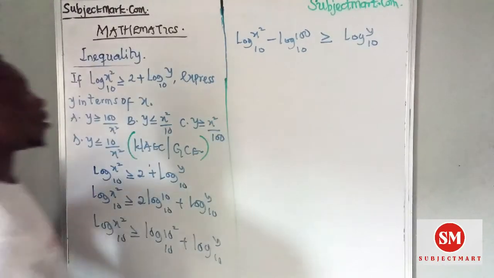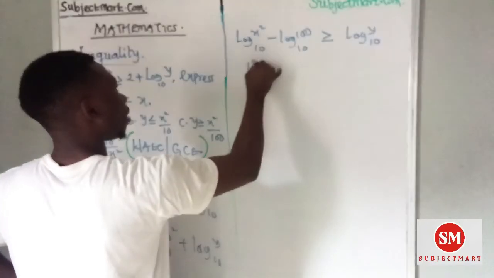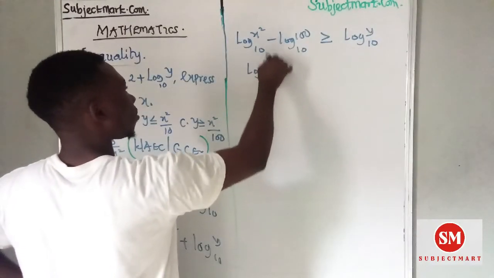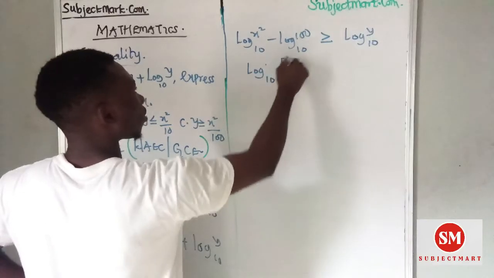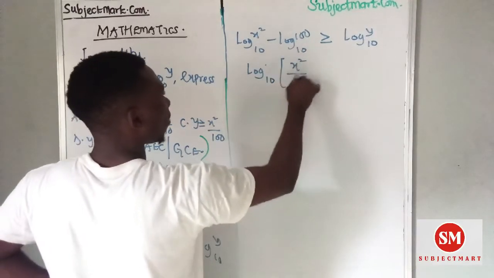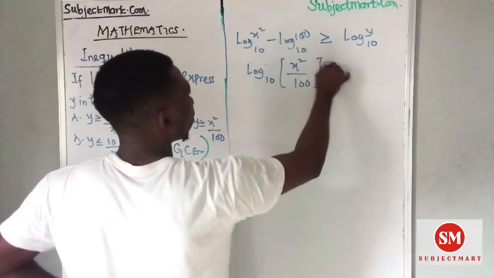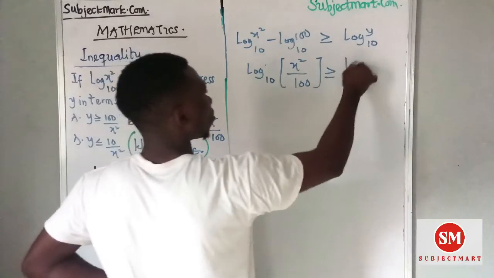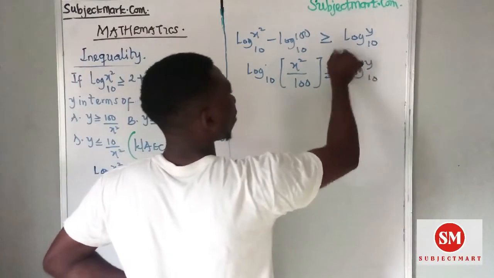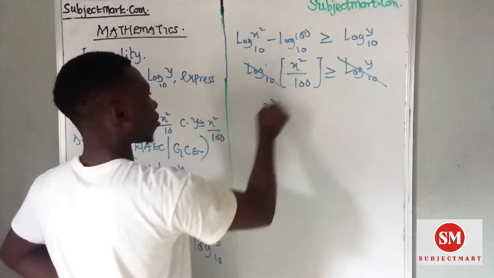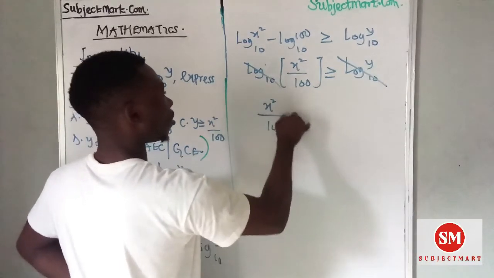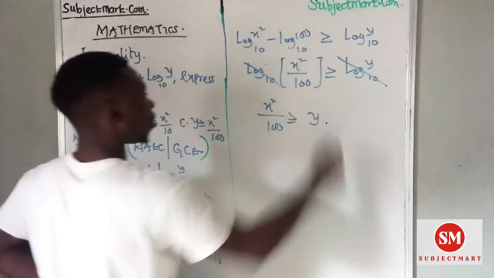With this development, the minus here becomes division, so log of x raised to power 2 divided by 100 is greater than or equal to log y base 10, where this cancels this. So x raised to power 2 over 100 is greater than or equal to y.